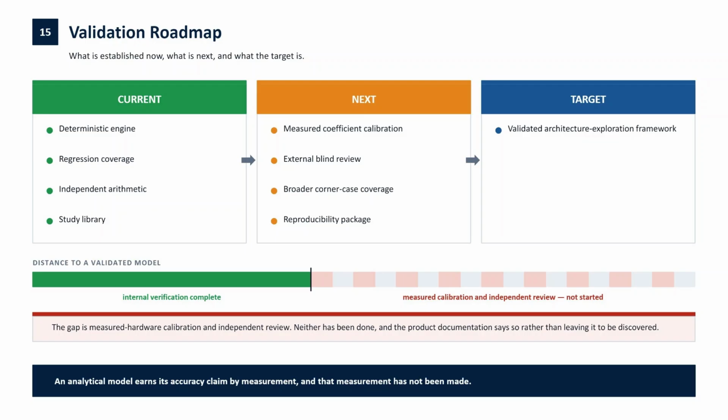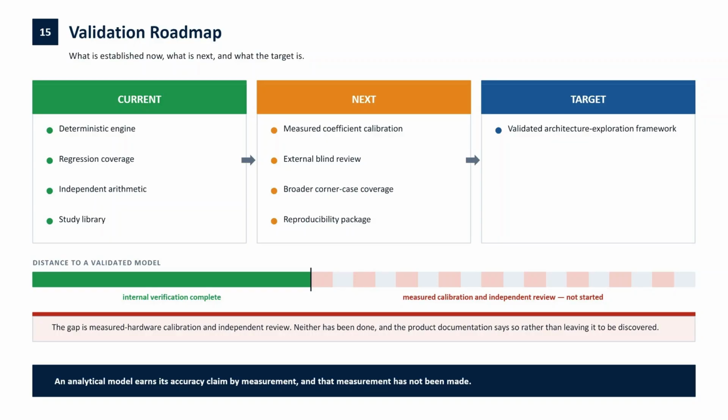This page shows what has been completed and what remains to be done. The current foundation includes a deterministic engine, regression coverage, independent arithmetic checks, and the study library. The next steps include measured coefficient calibration, external blind review, broader corner case coverage, and a reproducibility package. The long-term objective is to build a validated architecture exploration framework.